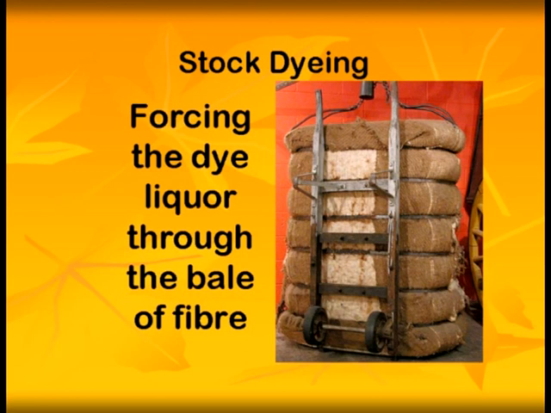The straps need to be removed and then the dye liquor is forced through the bale of fibers. This later method obviously saves time and cost. Cotton fibers are not dyed by this method.